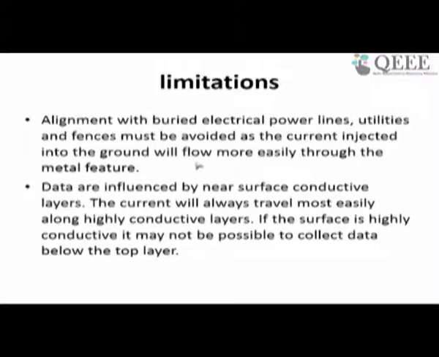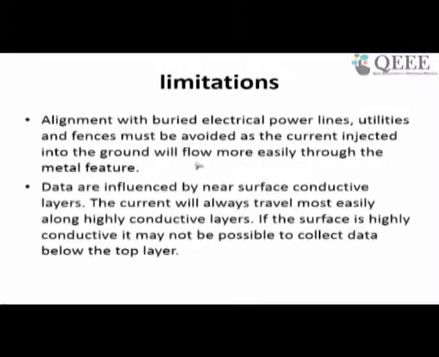Now another related limitation is, if you have some kind of electrical power lines, or some conductive lines like utilities, sometimes you will have water lines or some kind of fences, these will interfere with your test.